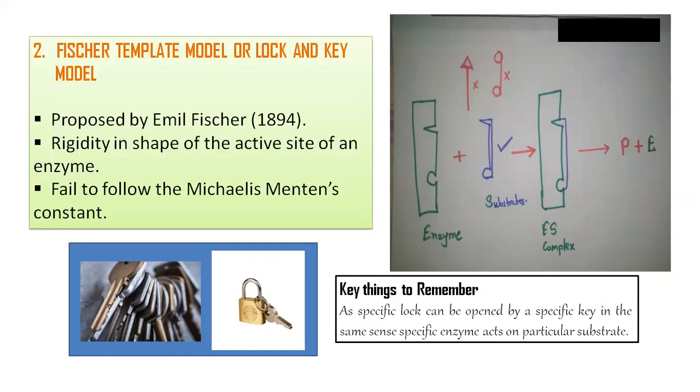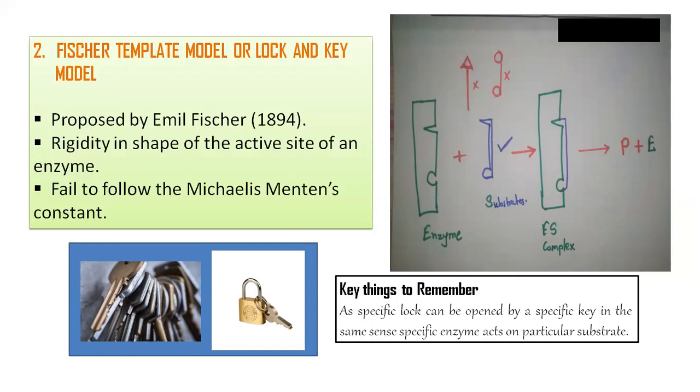For example, the enzyme sucrase will act only on sucrose. The enzyme lactase will act on lactose, and so on. This model relates to physical contact between enzyme and substrate. There is rigidity in the shape of the active site of an enzyme.